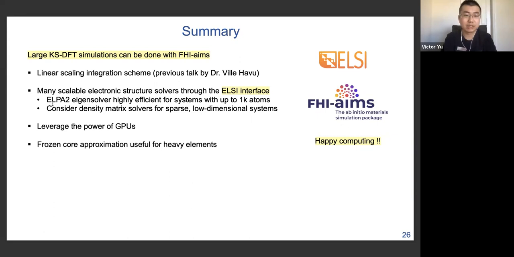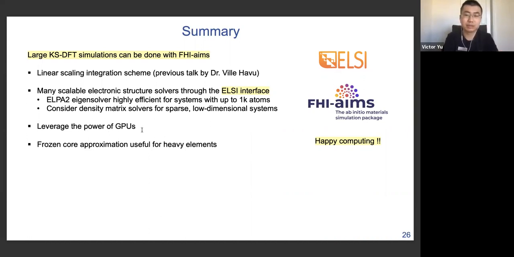In particular, we highlight the ELPA 2 eigensolver, which is highly efficient for systems with up to some thousands of atoms. And if you are going to simulate sparse low-dimensional systems like nanotubes or graphene or something like that, density matrix solvers, which make use of sparse linear algebra, might be a better choice.